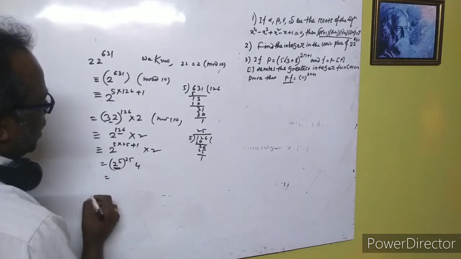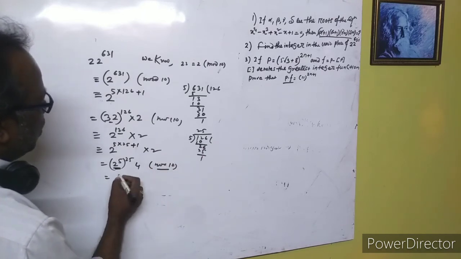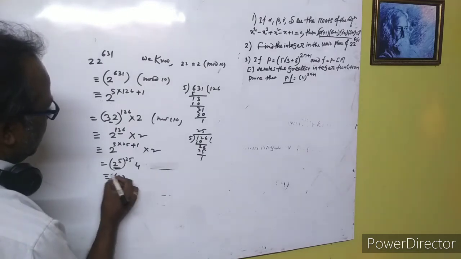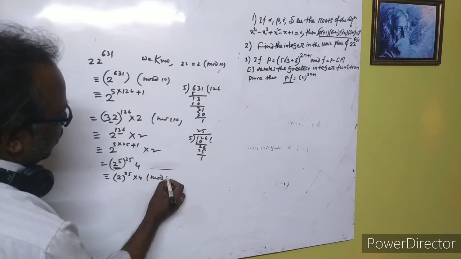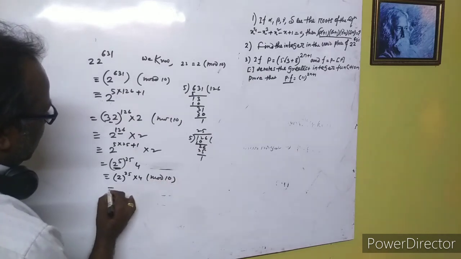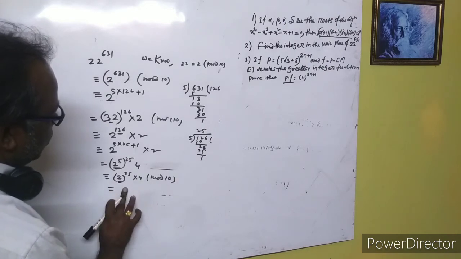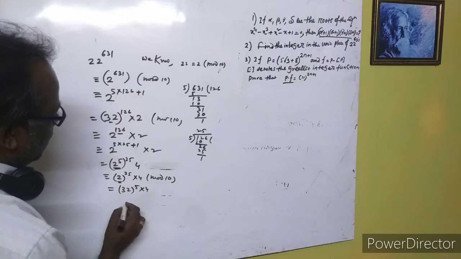So in the mod 10 system, we get 2 to the power 25 into 4, mod 10. Now see, this is again 32 to the power 5 into 4 there.